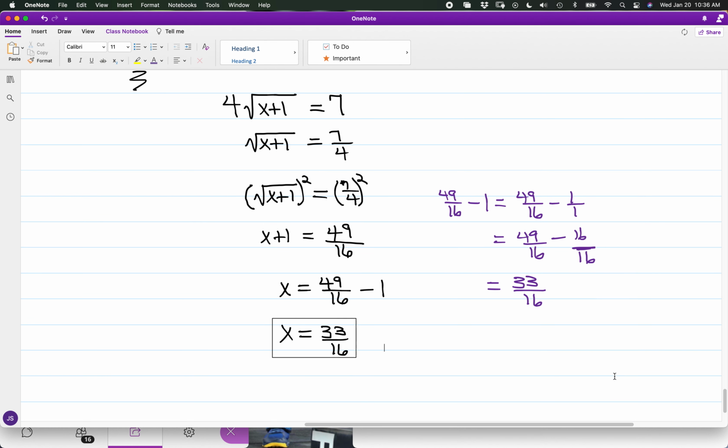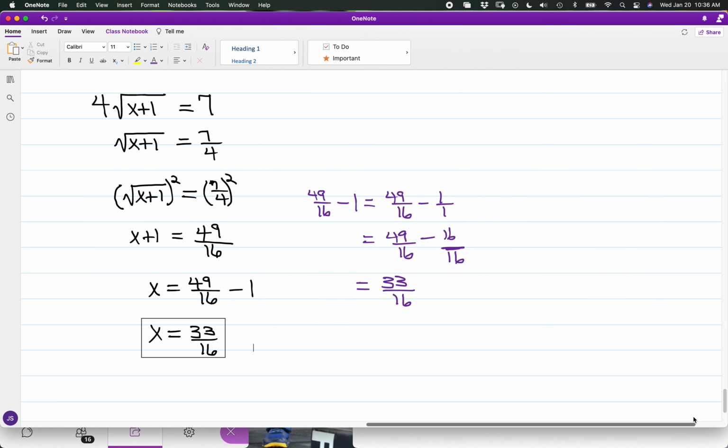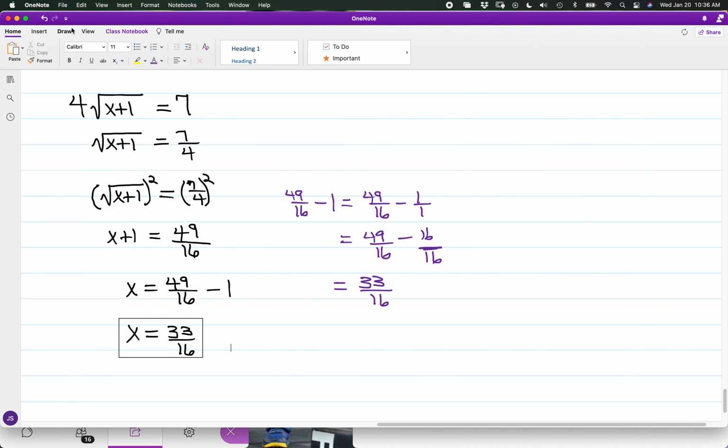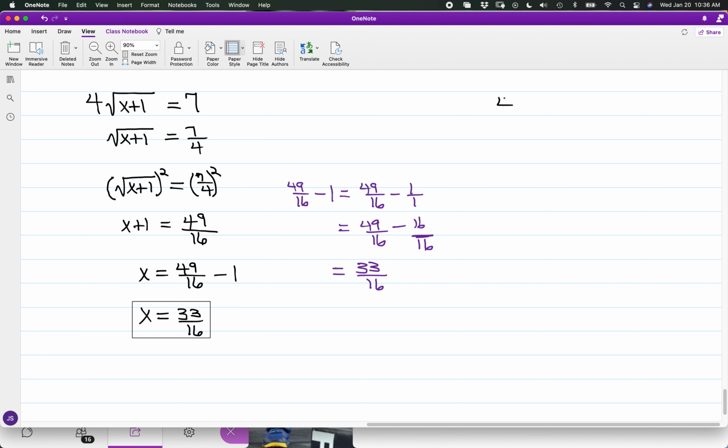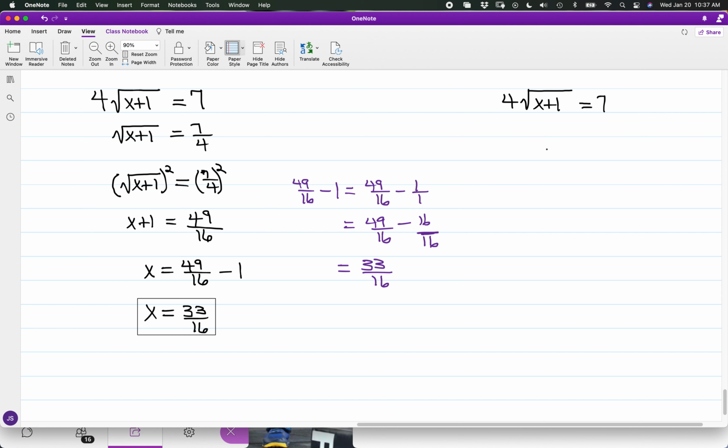Now, another way to do this, if you do not want to work with fractions right away, is the same problem but a different pathway to getting the solution. Say 4 times the square root of x plus 1 is equal to 7.